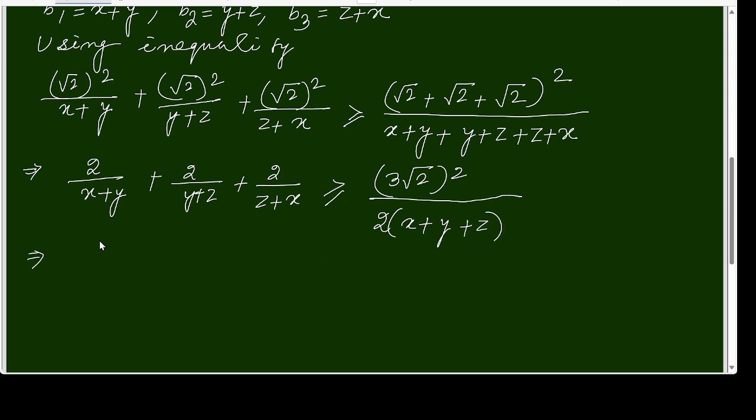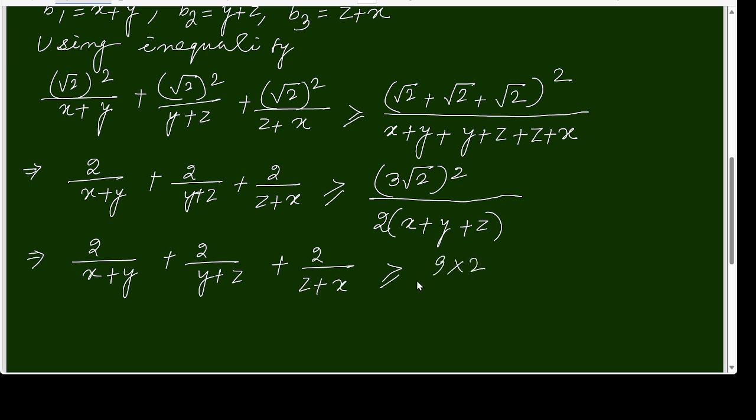This proves that 2 over x plus y plus 2 over y plus z plus 2 over z plus x is greater than or equal to 9 into 2 over 2 times x plus y plus z. So this proves our result.